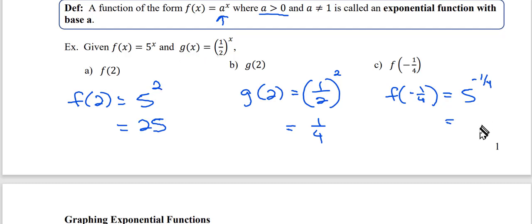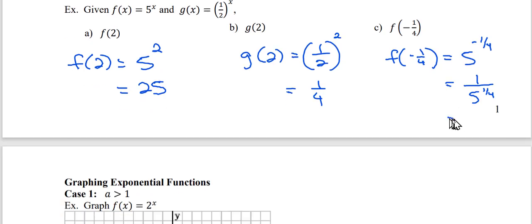Both totally fine. Is this x being negative a problem? The answer is no. We can have negative exponents. It just means it drops it into the denominator, right? And then the 1/4 power is the 4th root of 5.